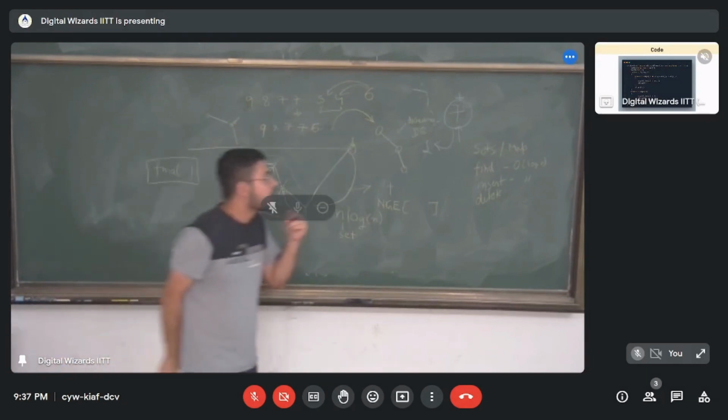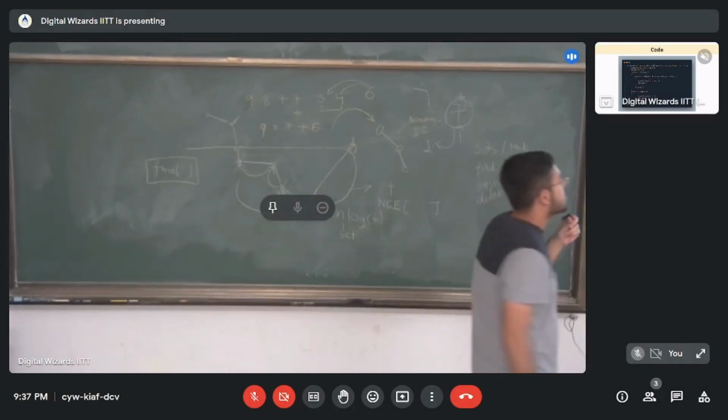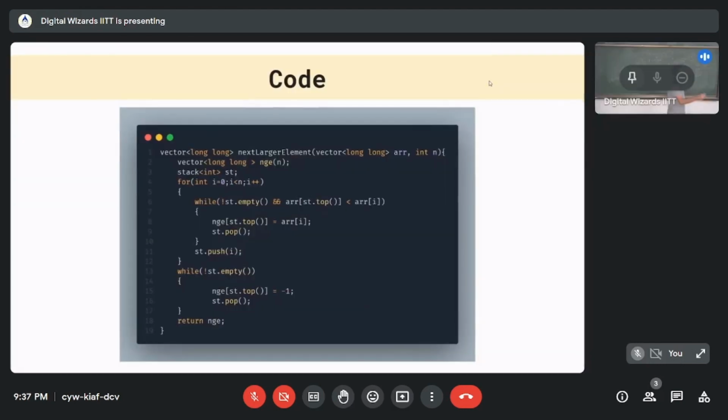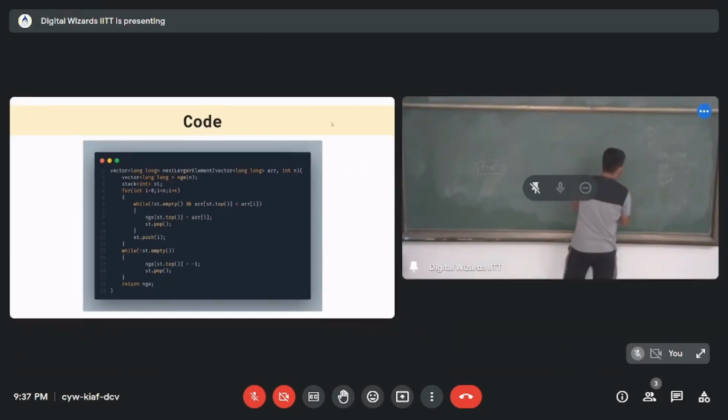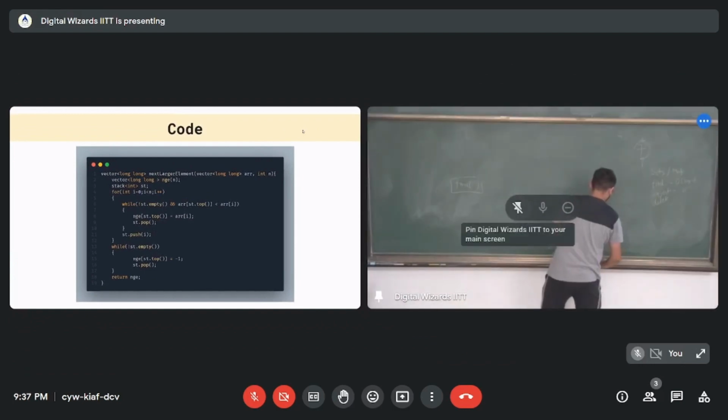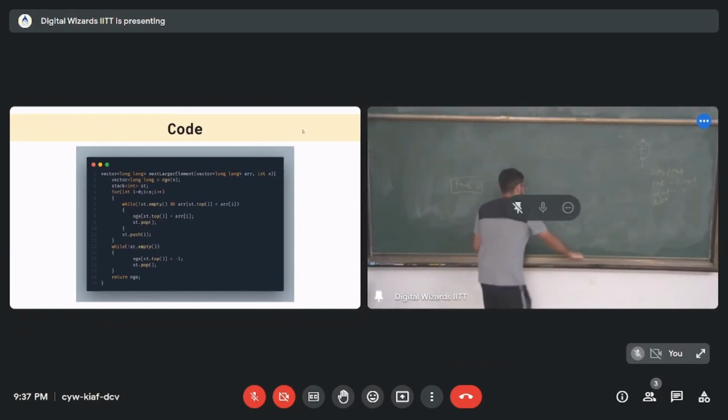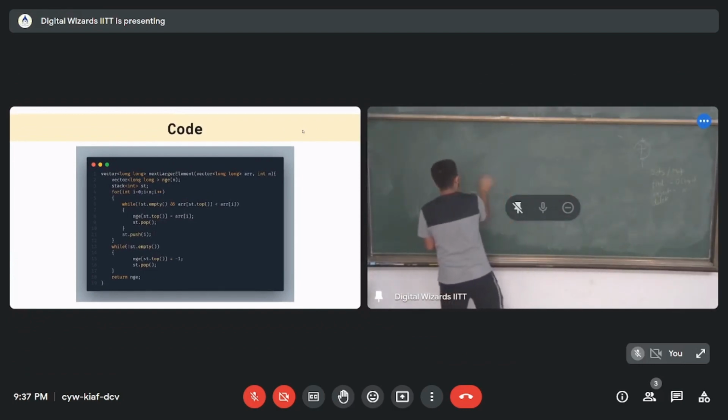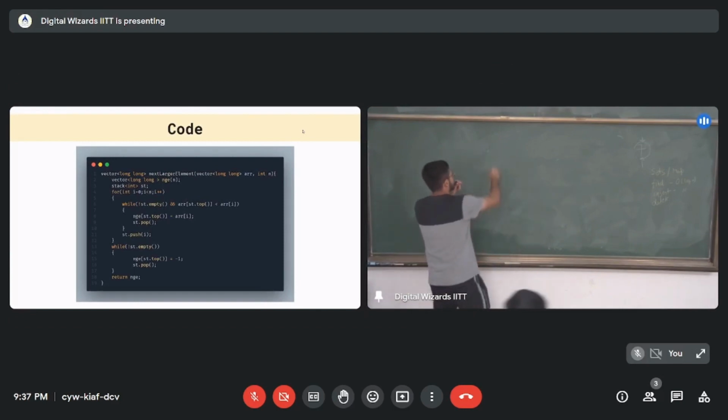Okay, so enough of the theory, let's look at the code, and hopefully you will find better understanding from here. The first thing you are going to do is, let me clear the board. The first thing is very simple: we initialize a stack here.